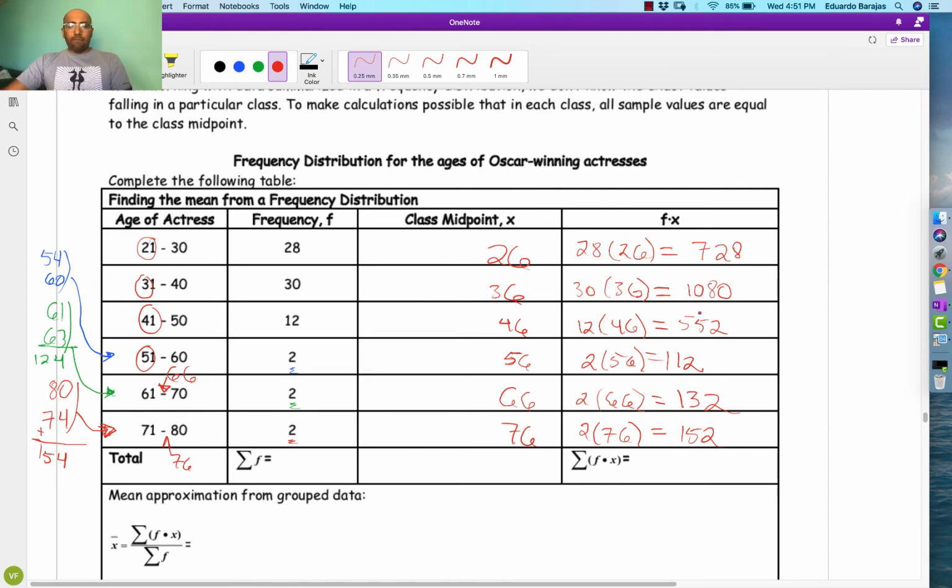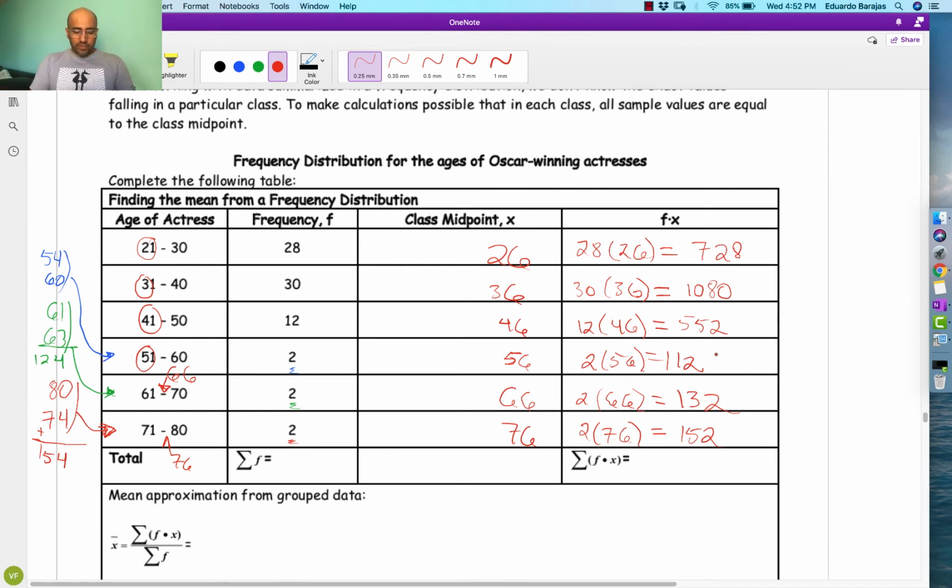Good. Okay. So next, what we want to do is add all of these values here. And this is the same thing as this value that we need for our approximation for group data. Okay, so let's add up all these values.